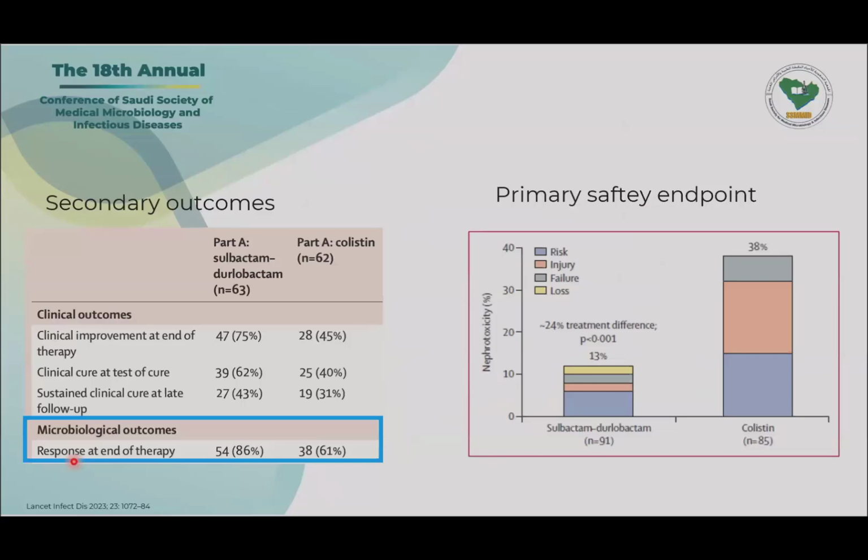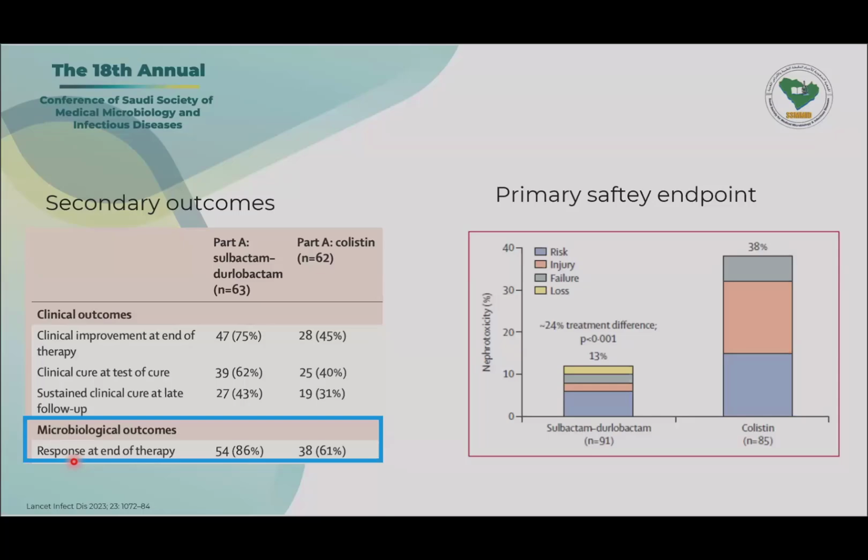If you look at the secondary outcome, in particular the microbiological outcome, you see the sulbactam-durlobactam group had much higher microbiological eradication of carbapenem-resistant Acinetobacter compared to colistin. Another important point, which was a primary safety endpoint, was renal dysfunction.